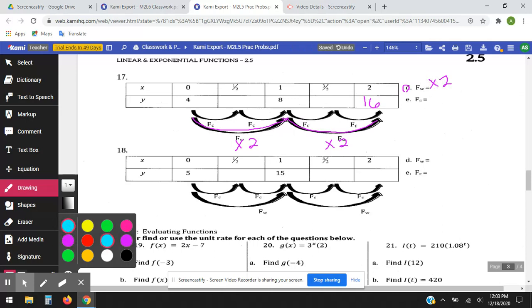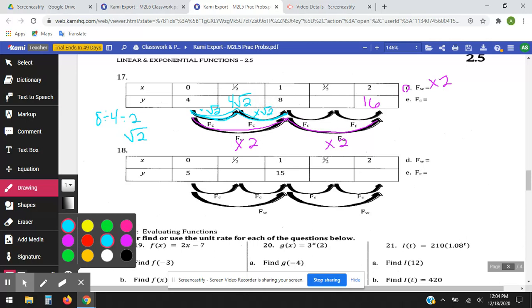Next, I'm going to go figure out what's going underneath these guys. So what am I doing times what to get, then a times again to get an 8? Geometric meanies. 8 divided by 4 equals 2. I have 2 jumps, so I need the square root of 2. So since we're keeping it exact, times square root of 2, I'm just going to put 4 square root of 2 times square root of 2.